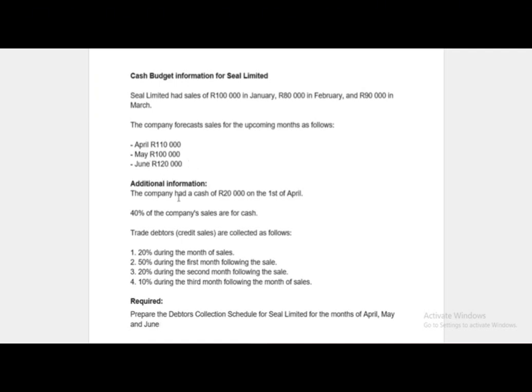Additional information: the company had a cash of 20,000 on the 1st of April, right? And then 40% of the company's sales are for cash. Credit sales are collected as follows: 20% during the month of sales, 50% during the first month following the sale, 20% during the second month following the sale, 10% during the third month following the month of sales, right?